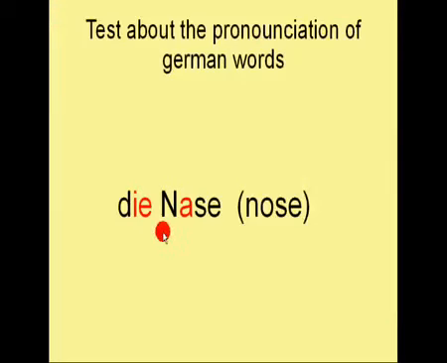Then the letter N is pronounced the same way like in English, but this letter is pronounced differently than in English. Do you remember how? We Germans always pronounce it the same way, and you English people sometimes pronounce it like we do, and sometimes you pronounce it in another way, because you can pronounce one and the same letter in many different ways.